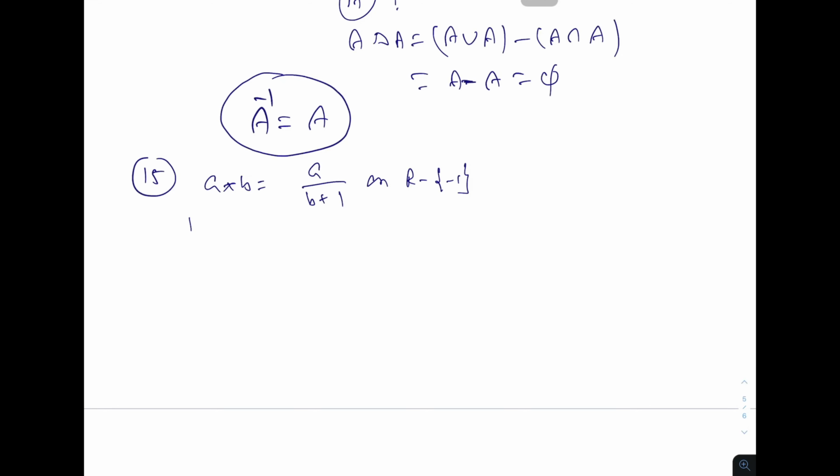So the question is, identity is blank, and inverse is blank, for A it should not be, say, 0.